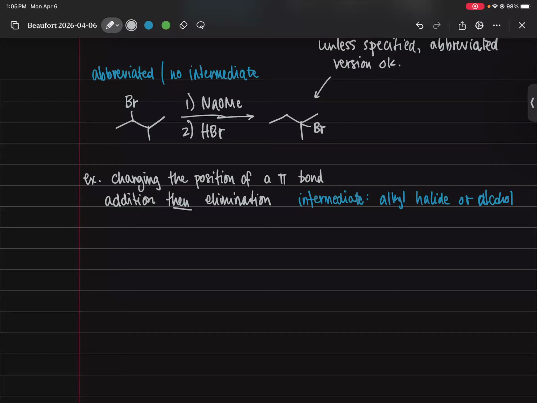So that could look maybe like this. We're moving the pi bond from one place to another.